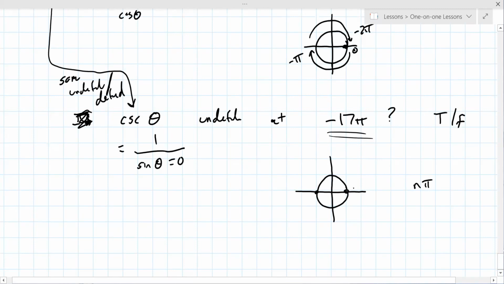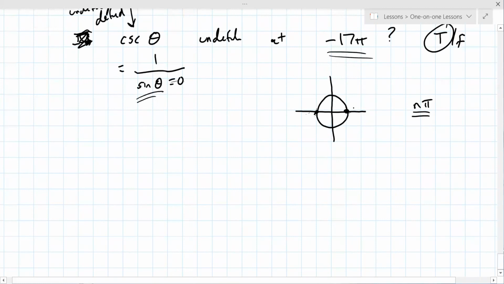Does that work the other way? 0, minus pi, minus 2 pi, minus 3 pi, minus 4 pi, and so on. So n pi gives you a point here or here. Is that undefined for cosecant? Is the y value 0 at either of these points? Yes, it's 0. So that is true.